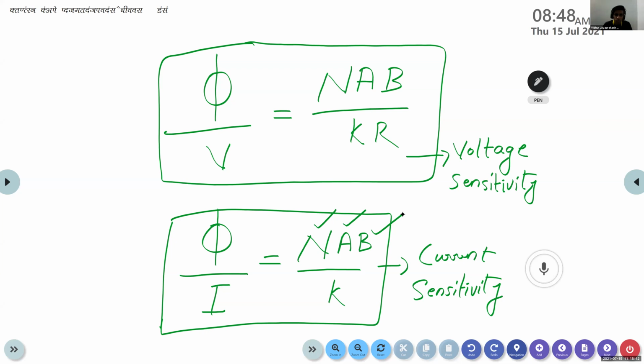Number of turns, area of cross section, magnetic field, and resistance. Very good. Here one more factor is there in the case of voltage sensitivity, that is resistance. In the case of current sensitivity, the term resistance is absent, but in voltage sensitivity, we can find one more term, that is resistance.